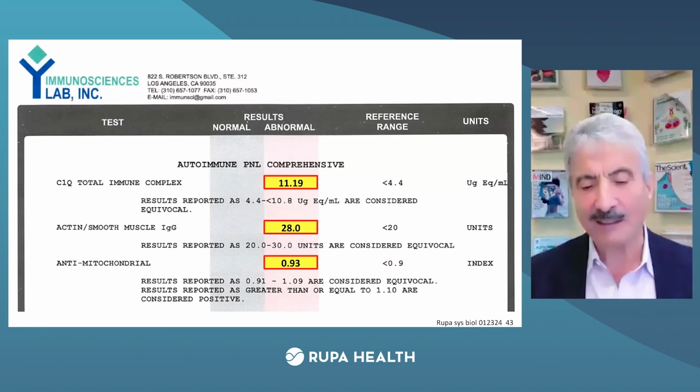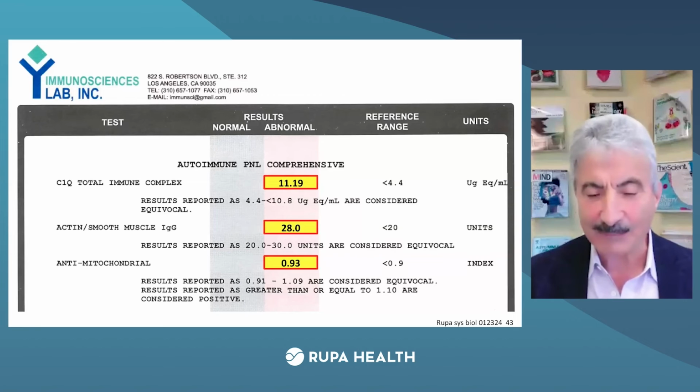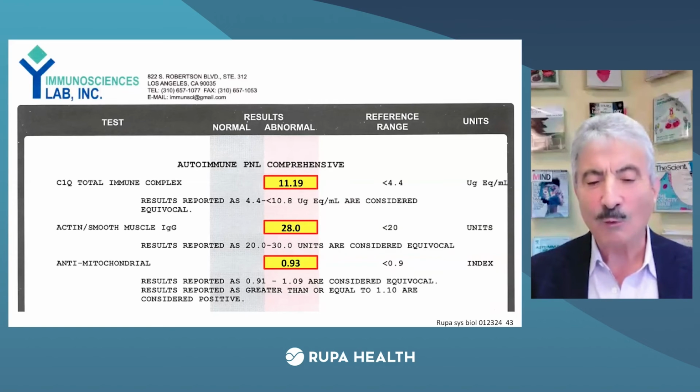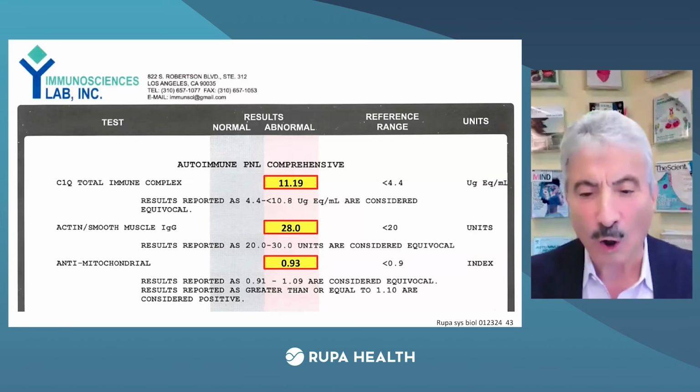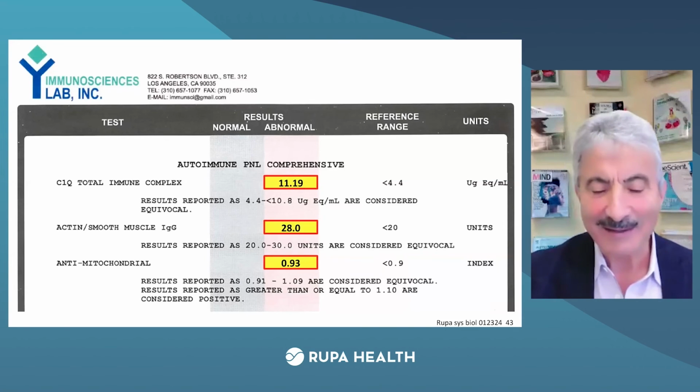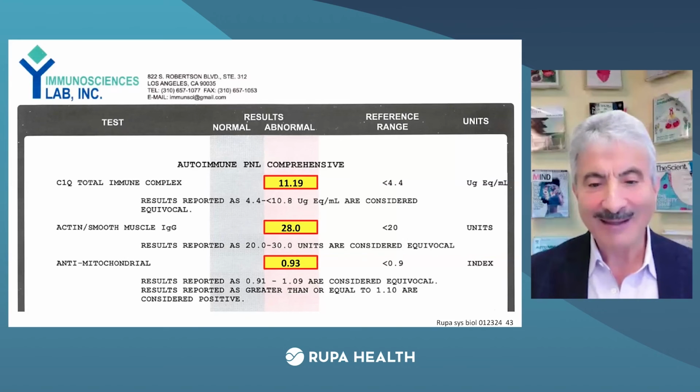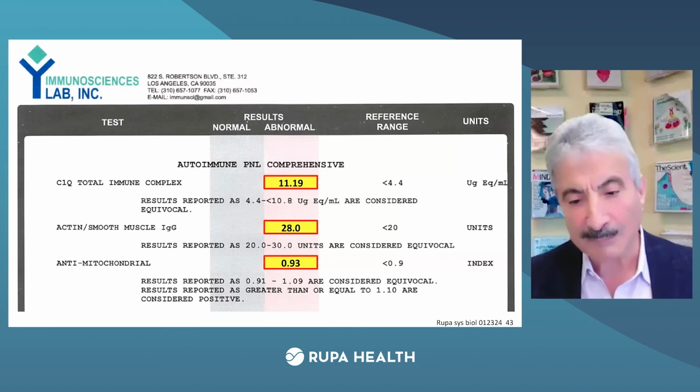Antibody against actin and mitochondrial antibodies meant the patient was in the process of developing an additional autoimmune disease, in this case, probably liver autoimmunity.